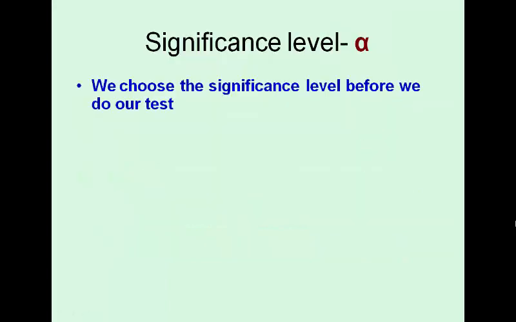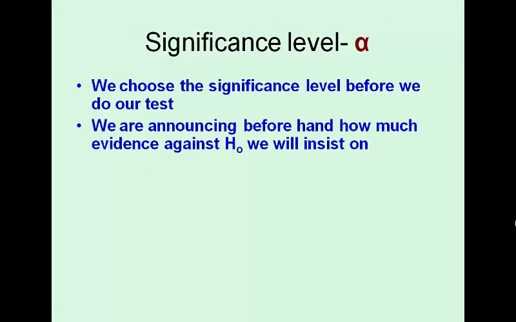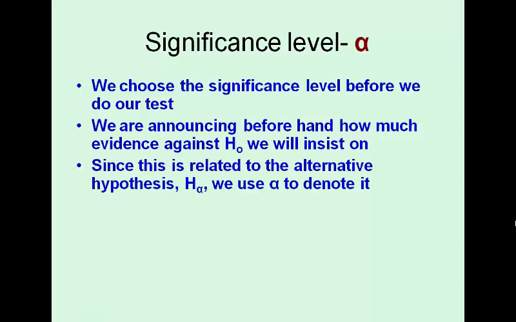We choose a significance level before we do our test. That's typical. We are announcing beforehand how much evidence against H naught we will insist on. How much can we stand before too much is too much? Since this is related to the alternative hypothesis, H alternative, we use alpha to denote it. All right, so basically an A. This is the significance level, or level of significance, okay?